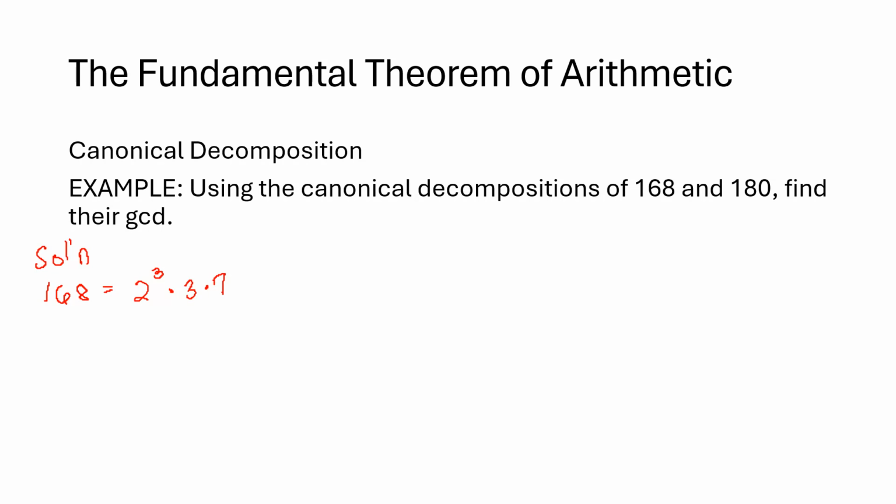And the canonical decomposition of 180 is 2 squared times 3 squared times 5.